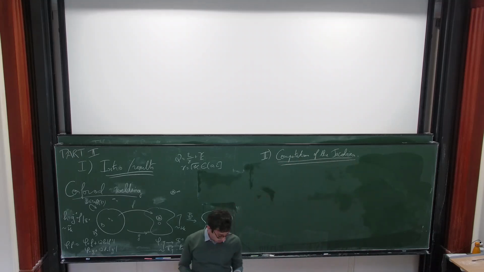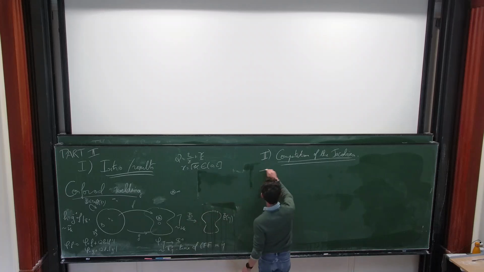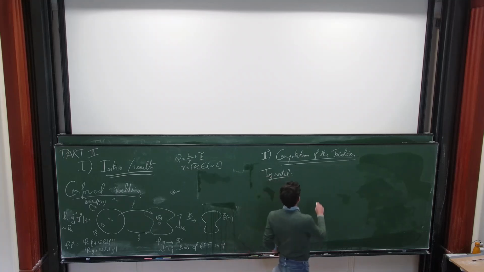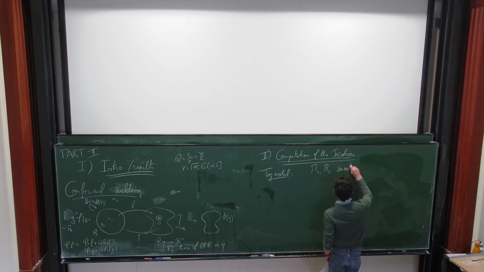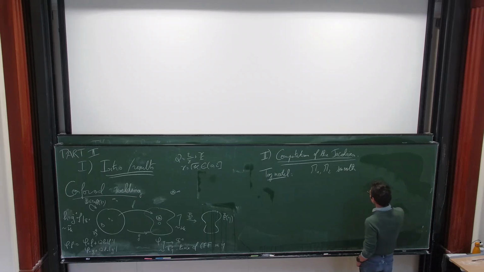So how do we work? The toy model is the following. You pick M1 and M2 to be two manifolds. Secretly, I really want to think of this as being Diff of S1 and M2 being vectors, but I want to focus on the finite dimensional case for now, and I'm going to assume that they have dimension n, finite.